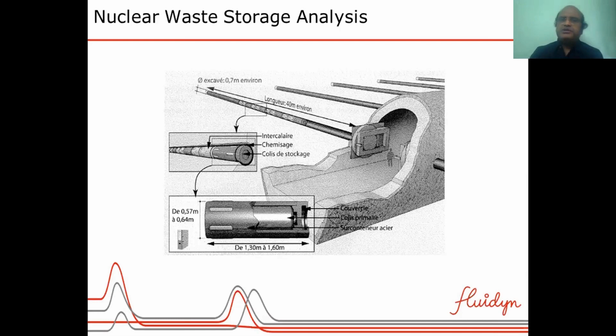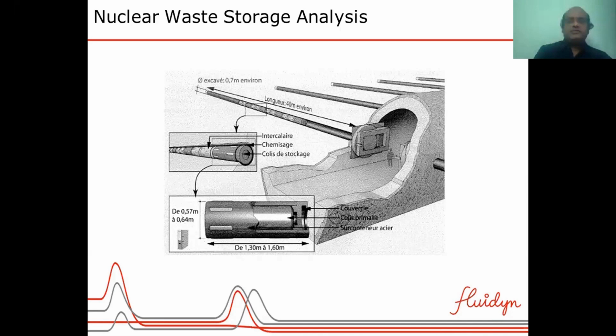So normally, big tunnels are made underground or in mountains, and these capsules containing nuclear waste are kept in such tunnels.